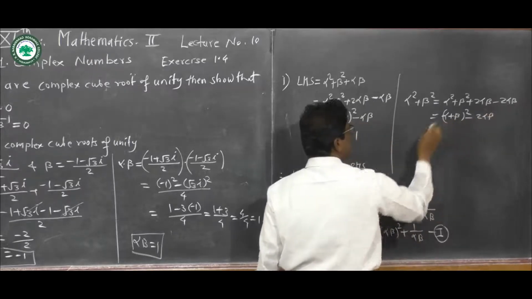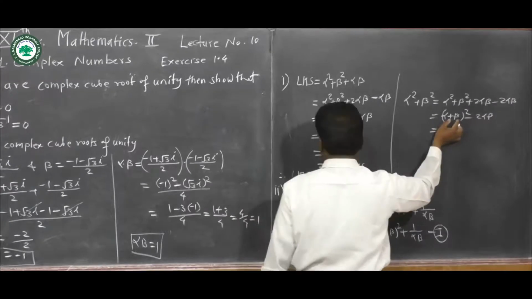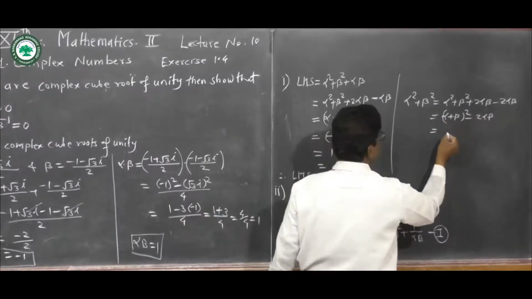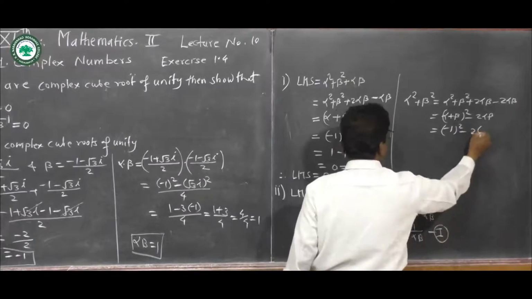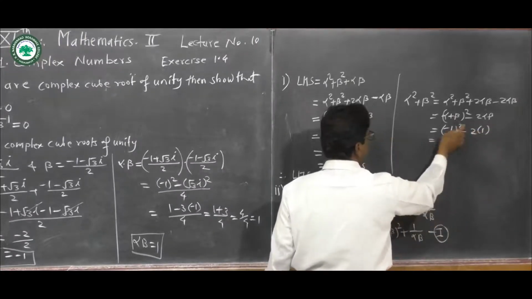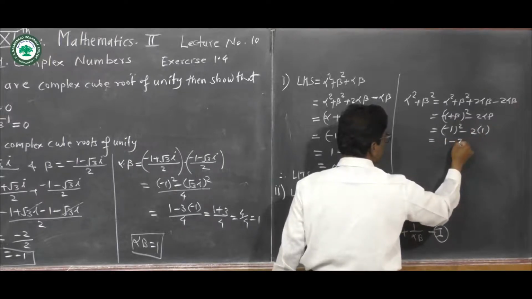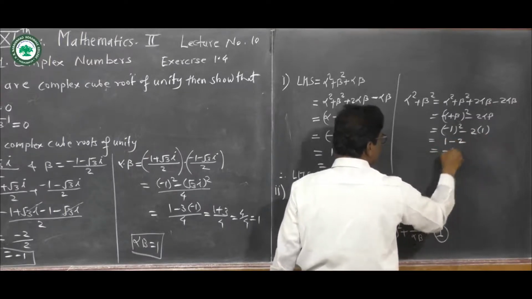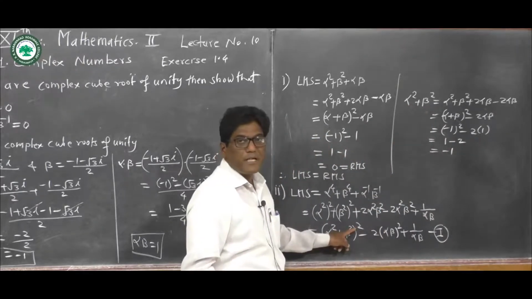Alpha plus beta is equal to minus 1, so minus 1 square minus 2 times alpha beta, which is 1. So we get minus 1 square is 1, 1 minus 2 into 1 is minus 2, and 1 minus 2 is minus 1. So we get alpha square plus beta square as minus 1.